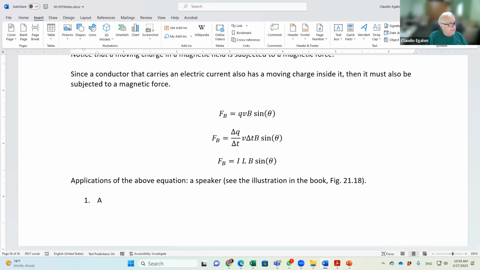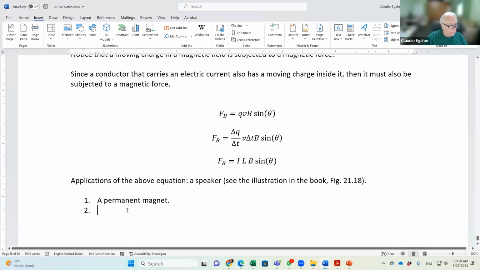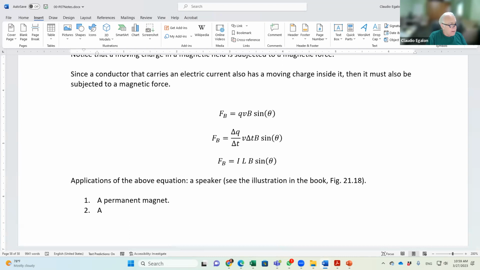What are the devices? One, a permanent magnet. Two, a current source, a generator. A source of AC current.